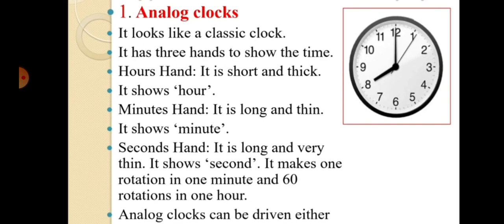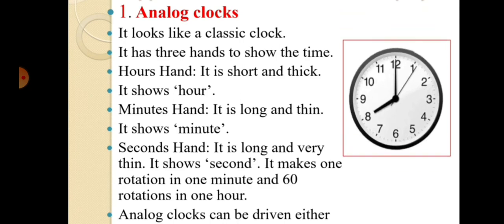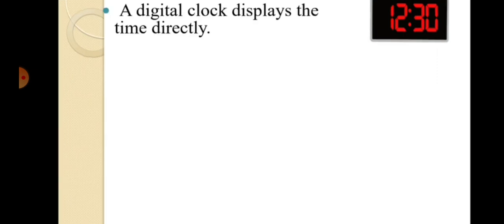Even nowadays the digital clock shows the date, month and year also. See the digital clock, what is the time it's showing? 12 hours 30 minutes. So where is the hour hand here? No hour hand, but we can say the hours 12. And minute hand, no minute hand, but I can say 30 minutes.